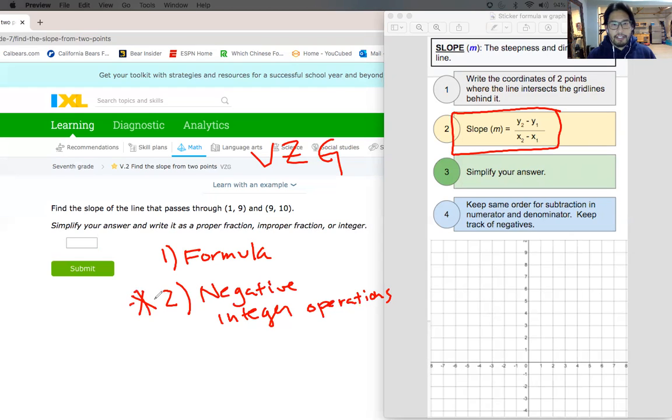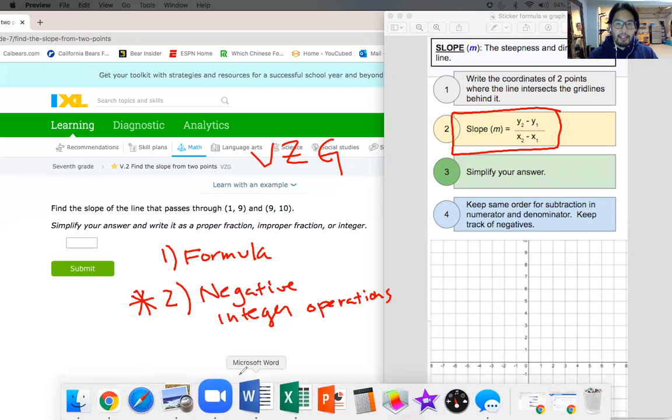Let's get into office hours and make sure that you understand and have a firm grasp of how to add and subtract negative numbers, multiply and divide negative numbers. We should lock that down this year for sure, but just keep that in mind because you're going to see it a lot. And if you feel like that's where you struggle, then let's make sure we work on that together.